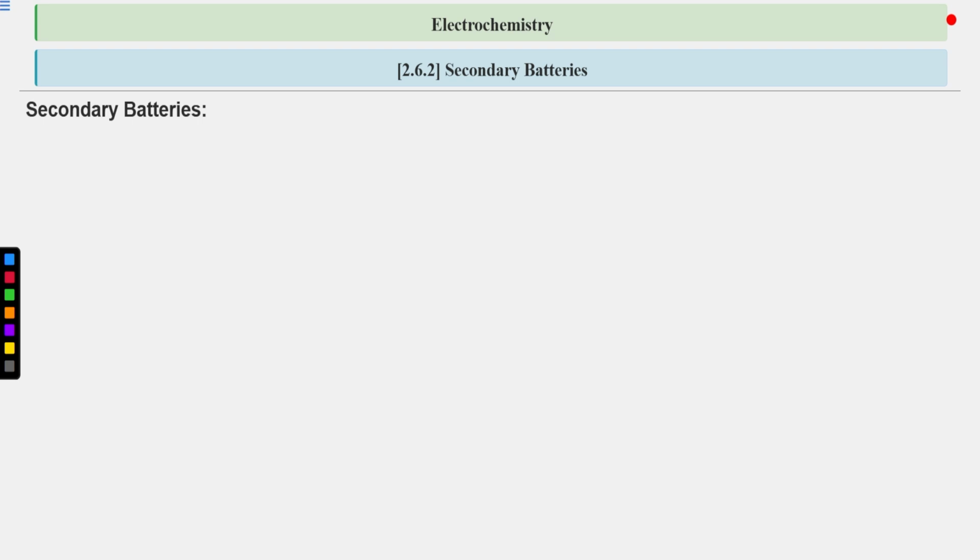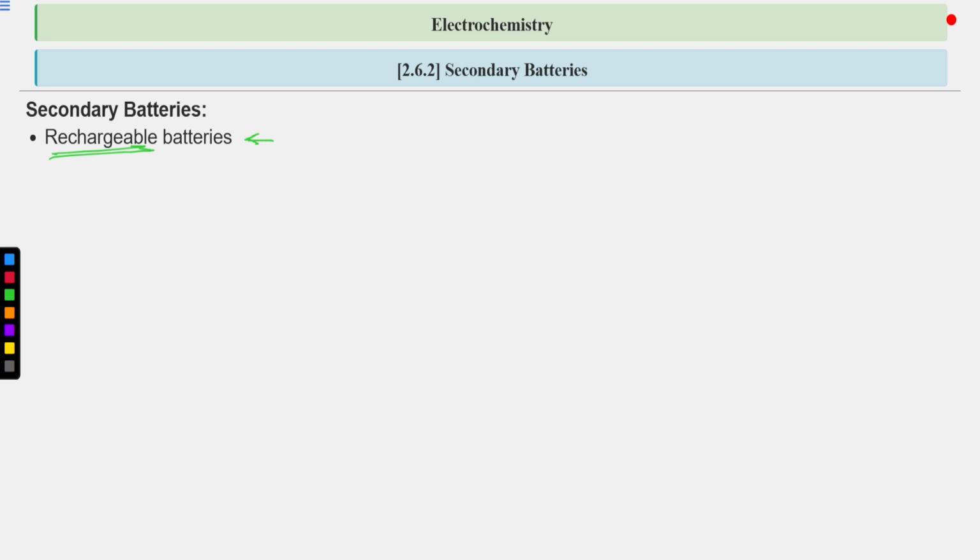Now let's shift to our next topic, which is secondary batteries. Secondary batteries come under section 2.6, subsection 2.6.2 in our NCERT textbook. First of all, these are rechargeable batteries. A primary battery we cannot recharge, but a secondary battery we can recharge and reuse.